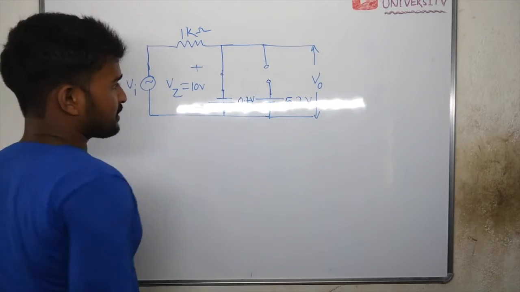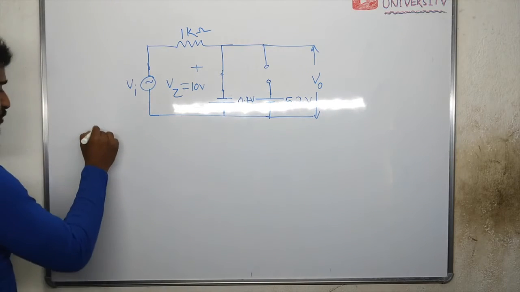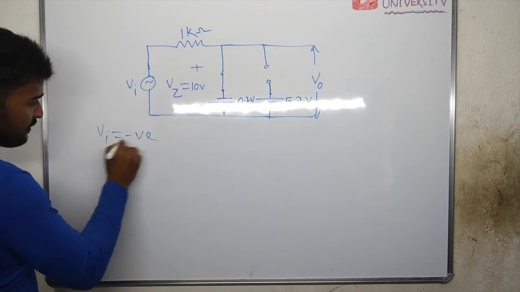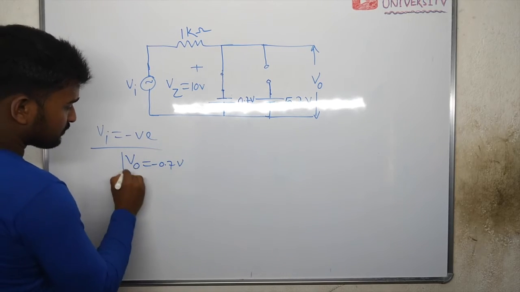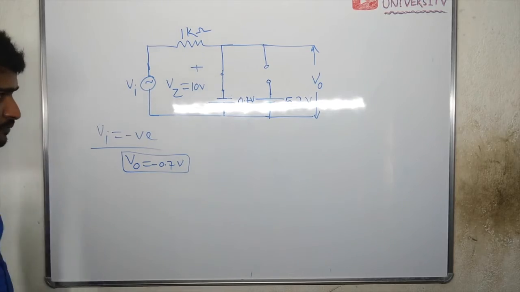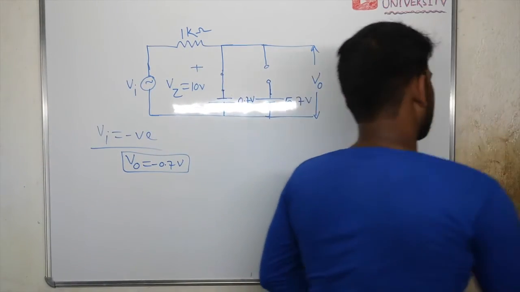Then what is the output voltage? Equal to minus 0.7 volt. So when VA is negative, V0 equals minus 0.7 volt.